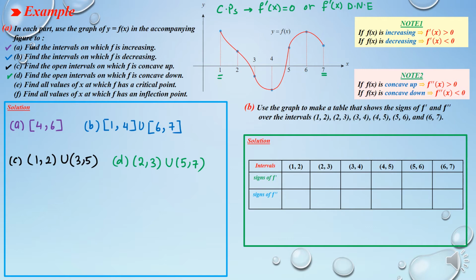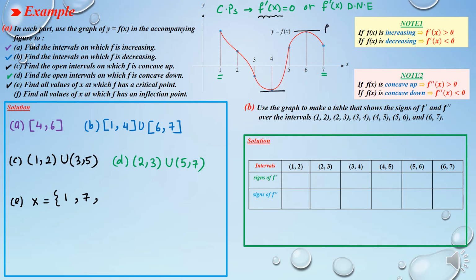So to find the x values of the critical points of the given function in part E, we can say that x equals, first you have to take the endpoints 1 and 7. Then you have to find where f prime is equal to 0. Here we have a maximum point, and here we have a minimum point.